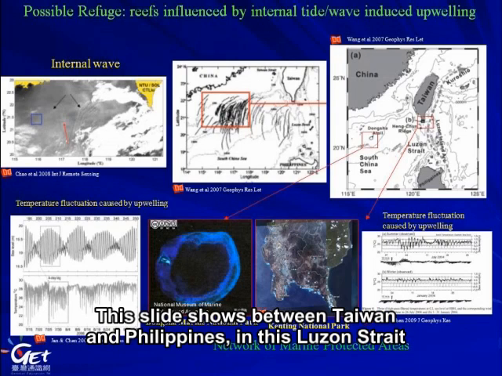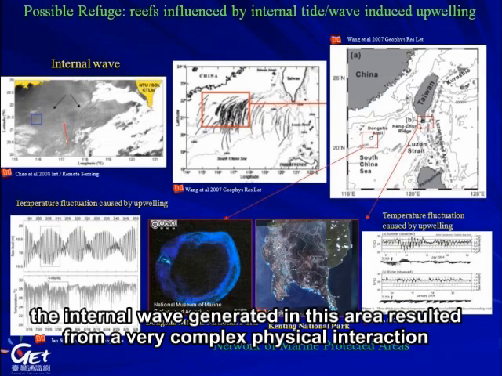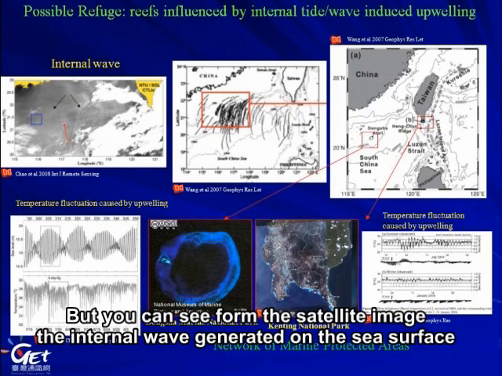This slide shows between Taiwan and the Philippines in this Luzon Strait, the internal wave generated in this area resulted from a very complex physical interaction. But you can see from the satellite image, the internal wave generated on the sea surface.